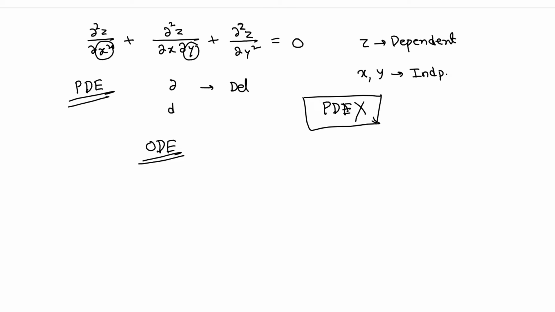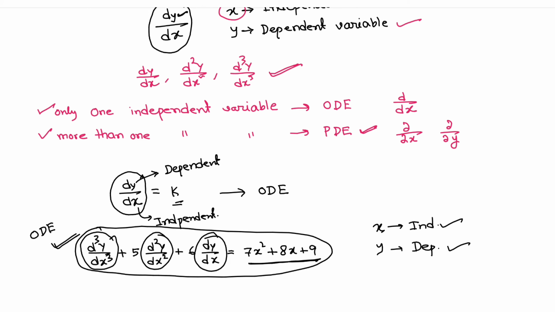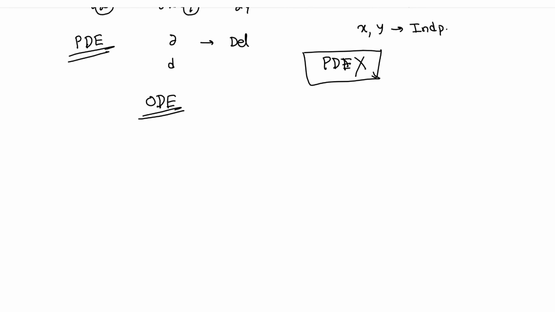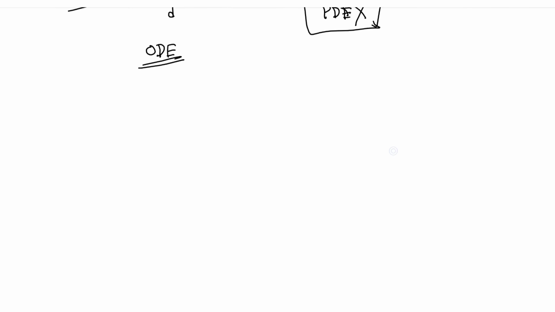Okay, so let's start with order and degree. This is our next part, that is order and degree of an ordinary differential equation. Order and degree. Okay, so what is order? First of all, let me write the definition.